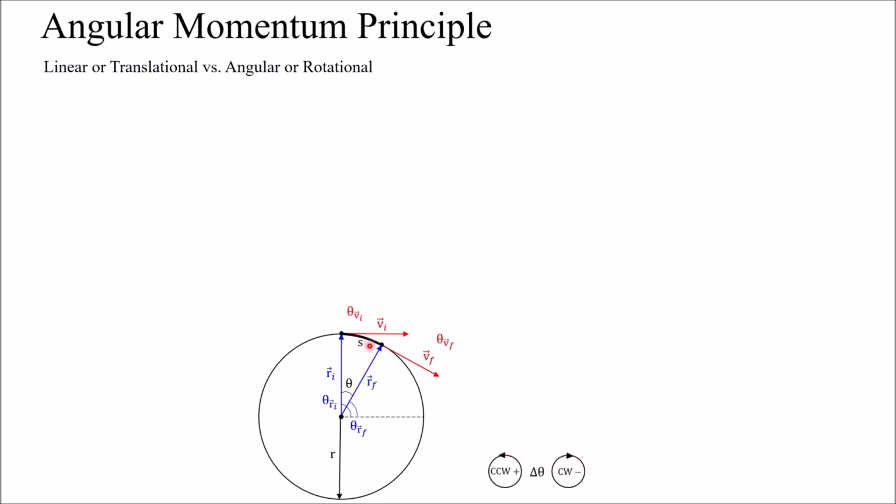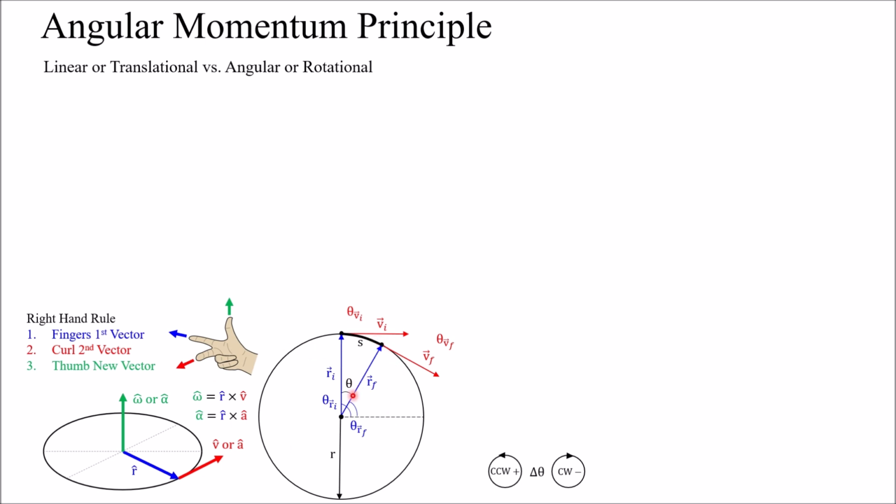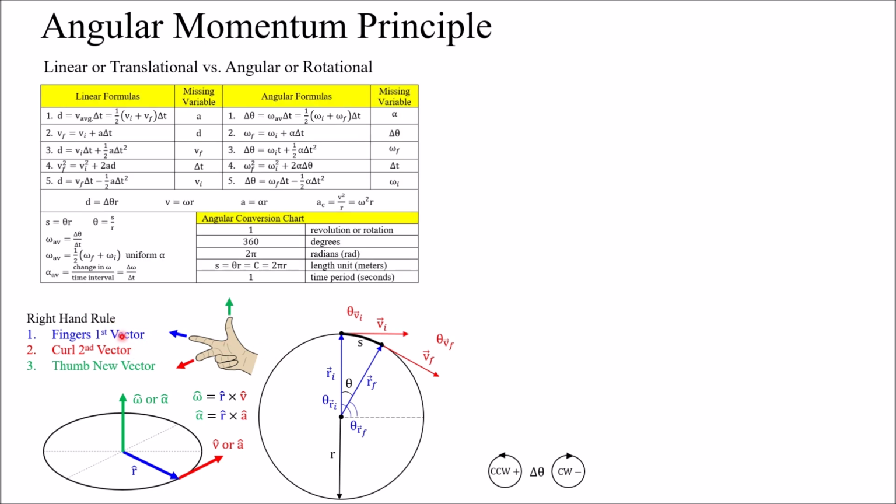We have the idea of arc length, this angle representing a certain arc traveled. If we go all the way around, that becomes the circumference. We also have the cross product producing a third vector in a direction perpendicular to the first two, and that applies to torque, angular momentum, angular acceleration, angular velocity, and so on. And we use our right hand, not our left hand.